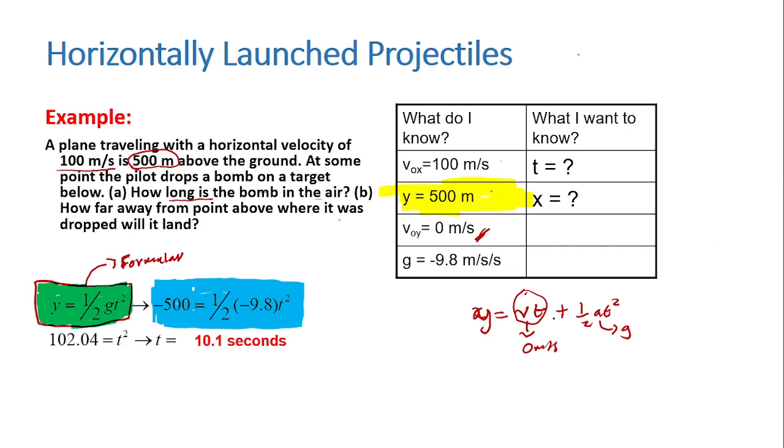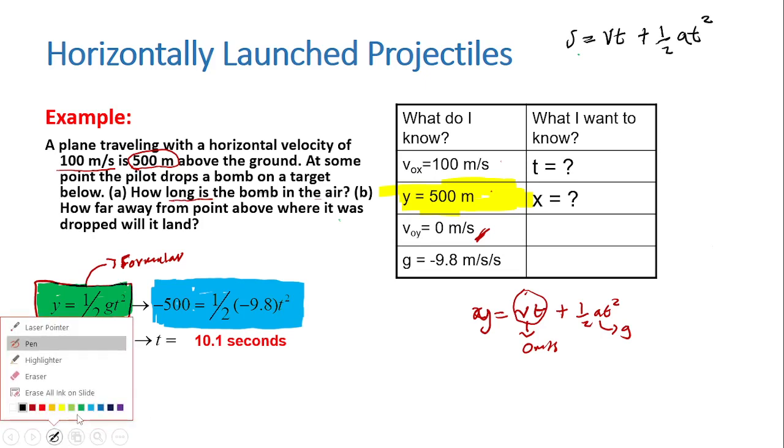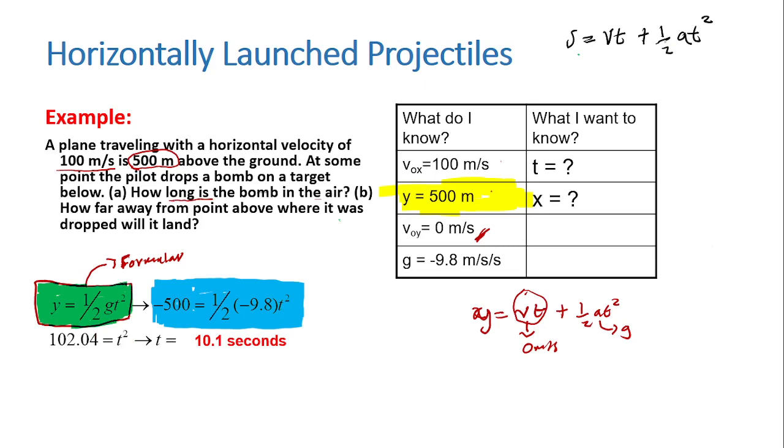So look at projectile motion. The normal formula according to Newton's law is S, which is distance, equals Vt plus half At squared. I'm going to give you a hint, a secret for projectile motion.